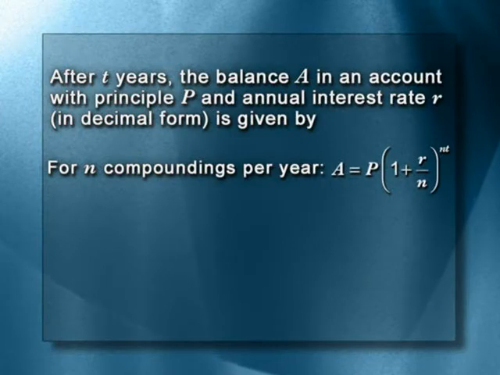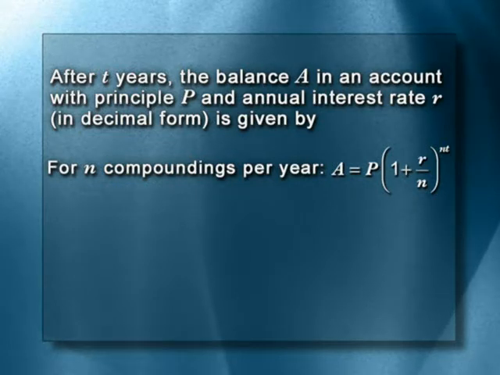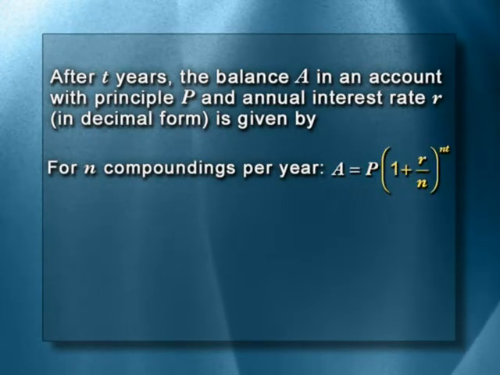Well, the formula changes. Here's what the formula looks like if you compound n times per year. The amount in the bank, A, equals P, the amount you deposit at the beginning, times 1 plus r over n, all raised to the nt power.